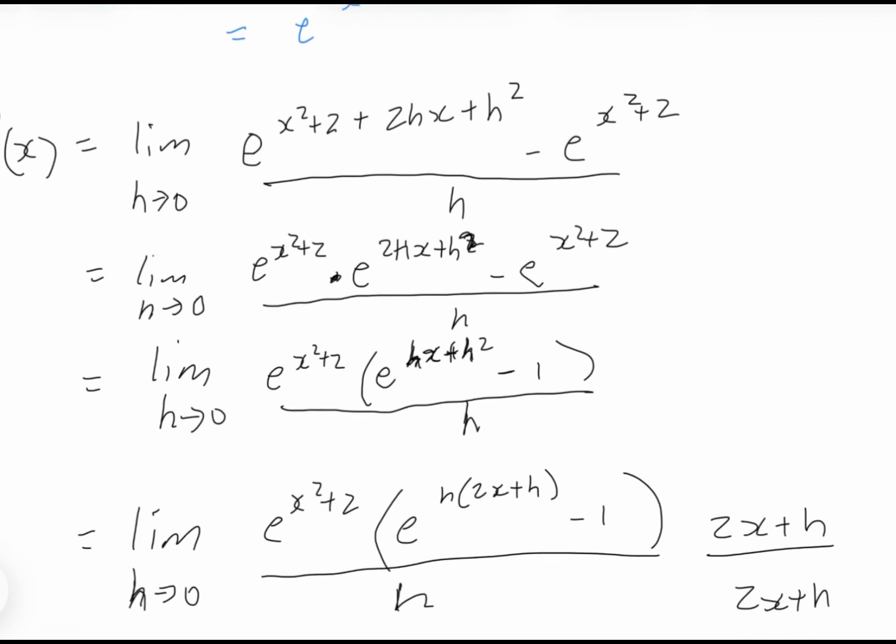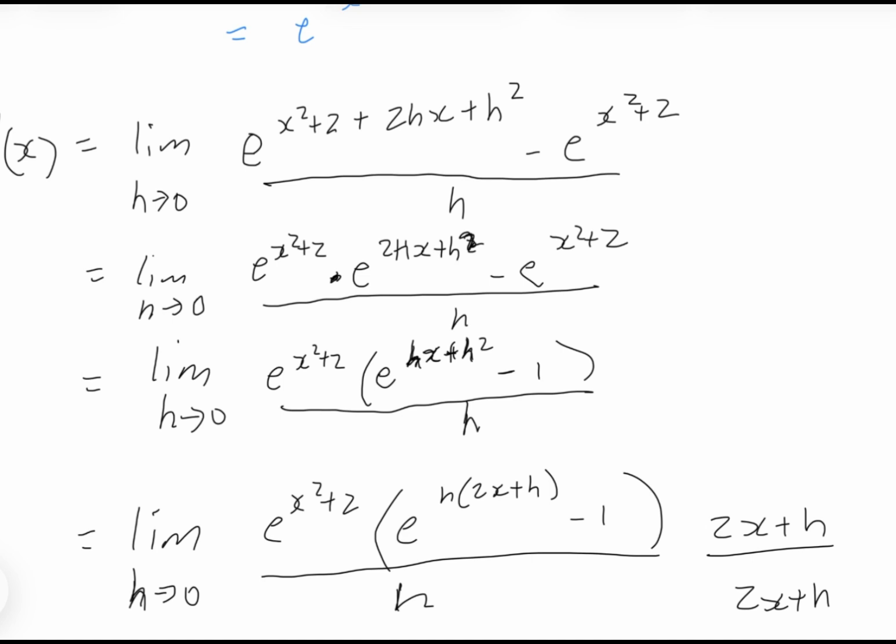So we can separate the e to the x squared plus 2 plus 2hx plus h squared in the numerator. That's the e to the x squared plus 2 times e raised to the 2hx plus h squared.